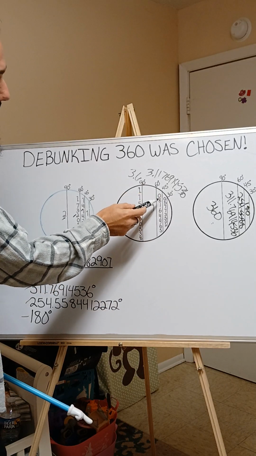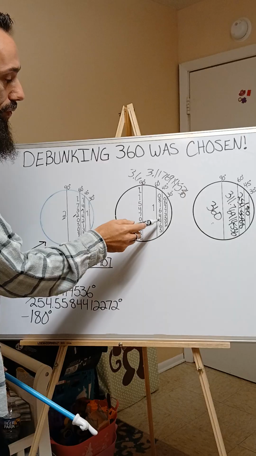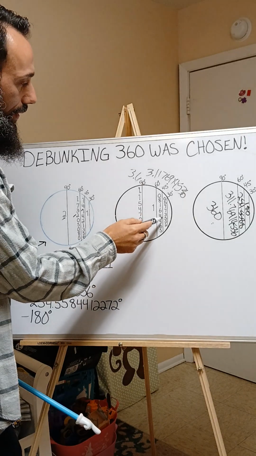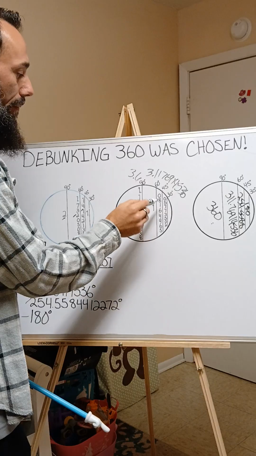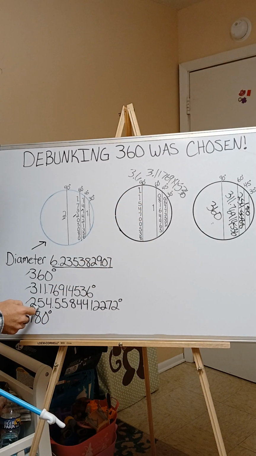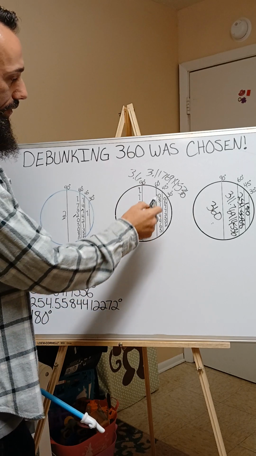At 45 degrees inside this circle, this measurement is equal to the square root of 0.6 repeating. Whenever you multiply this by pi, it will equal 2.5455844122.